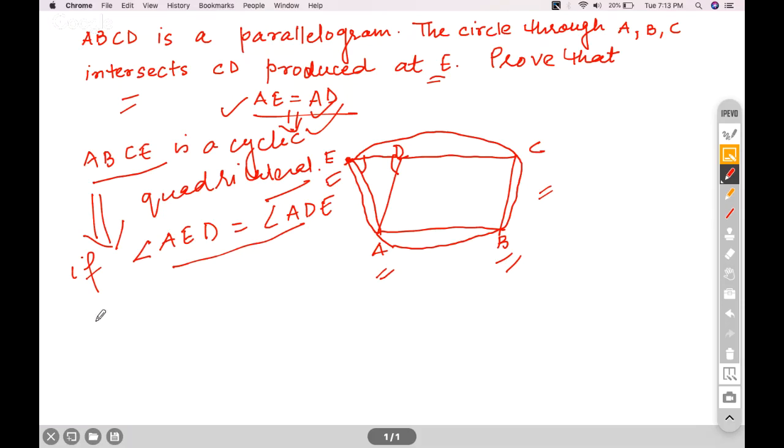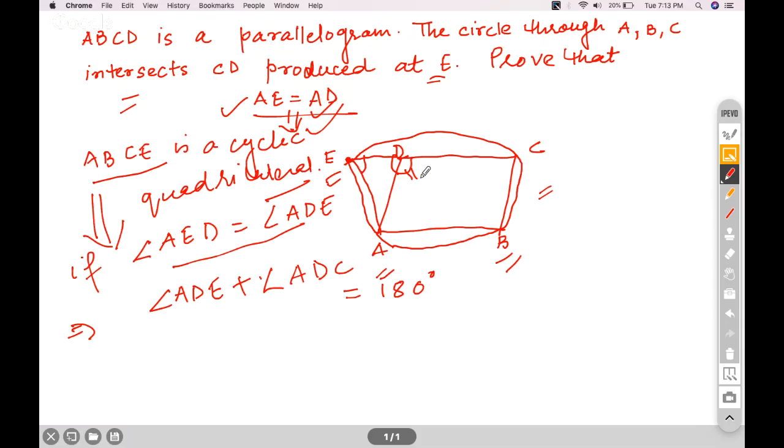So try to understand: angle ADE, this angle, and on this side angle ADC is equal to 180 degrees.